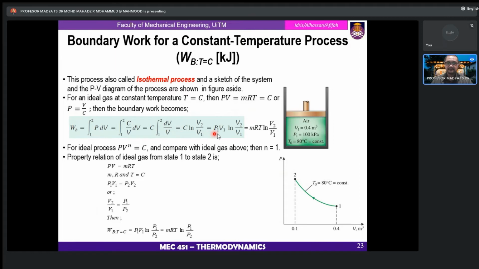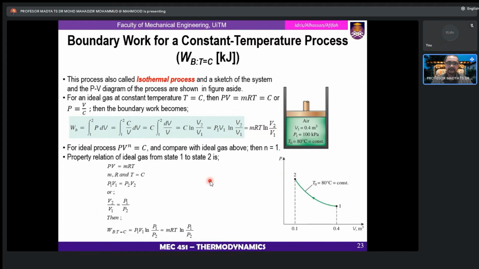This is mathematics, how you integrate dV over V. Then the equation comes out as P1 V1 ln V2 over V1. I can also use PV equals mRT, so it becomes mRT ln V2 over V1.